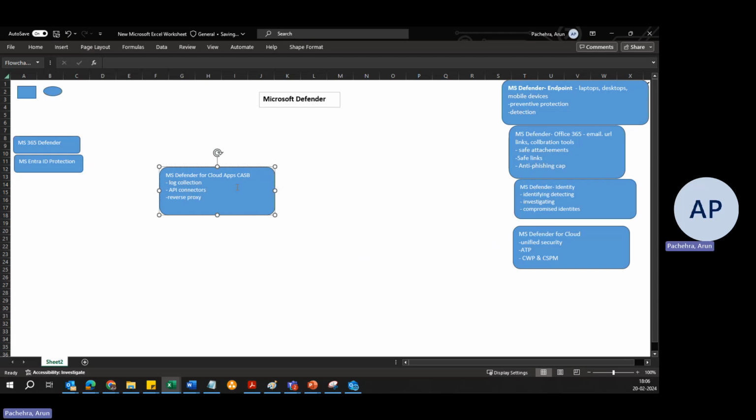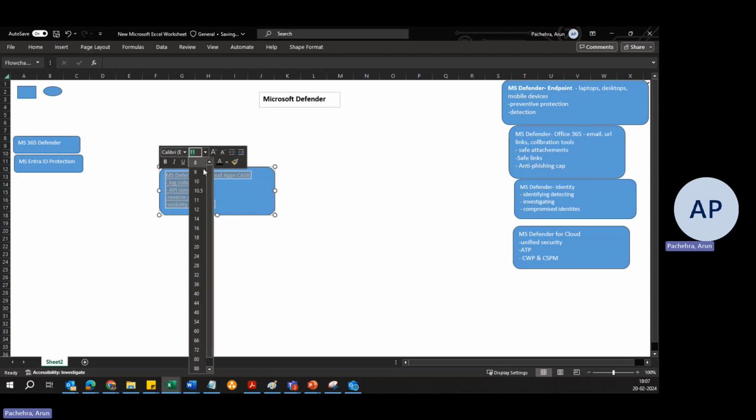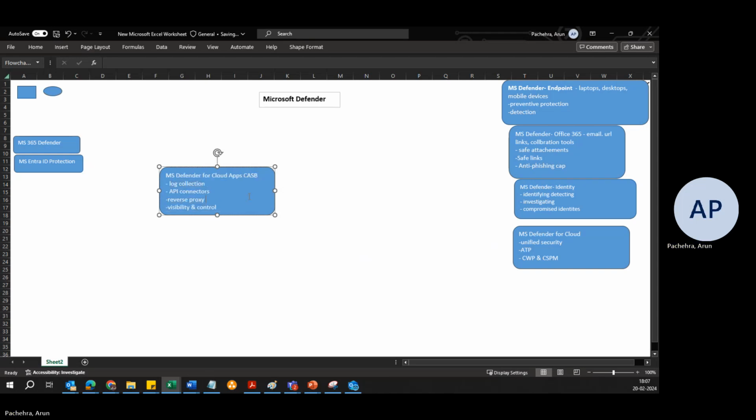So it provides you rich visibility and control over data travel and sophisticated analytics to identify and combat cyber threat across all your cloud services. So this is your Microsoft Defender for Cloud Apps, CASB. So this was another product.